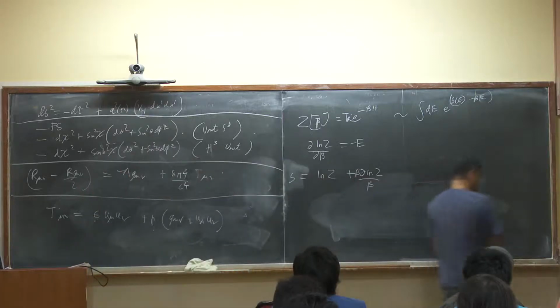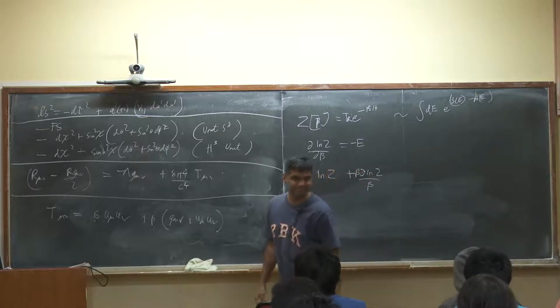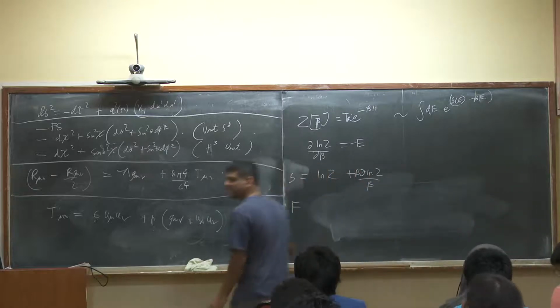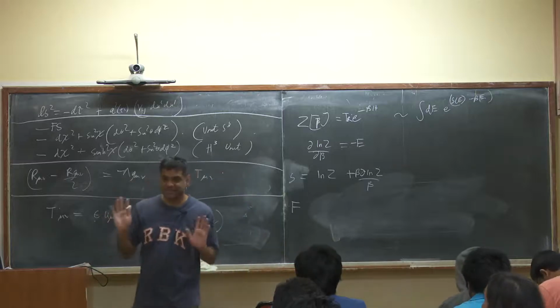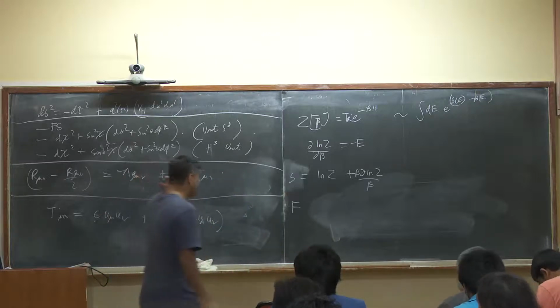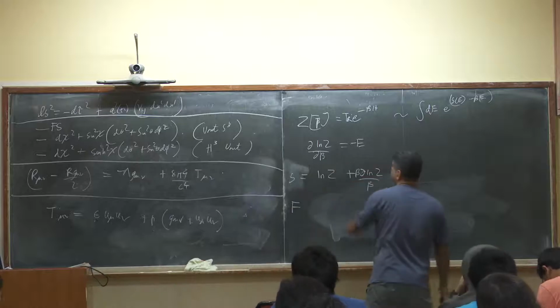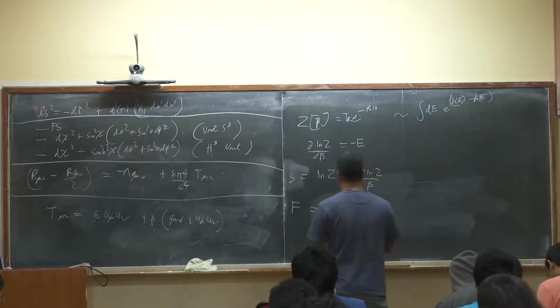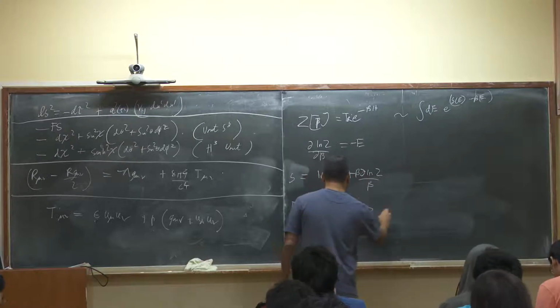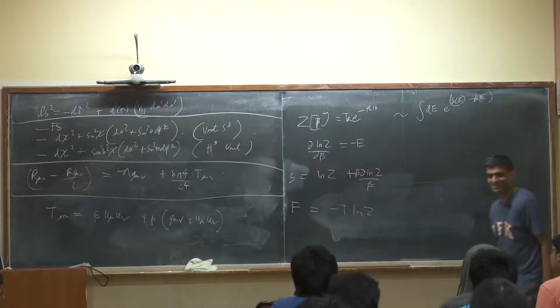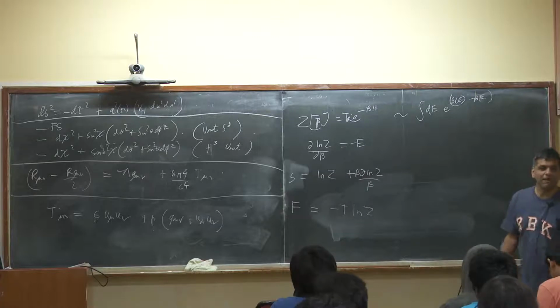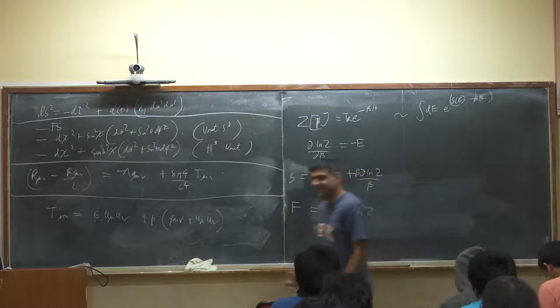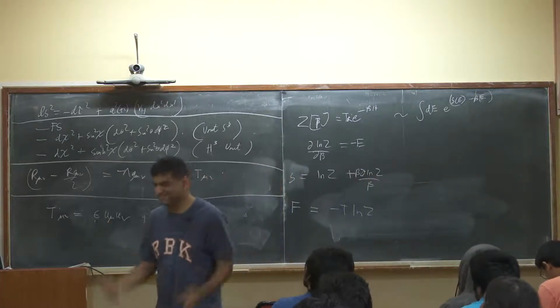Now, sometimes we are interested in this thing called the free energy. We won't need much of this, but just to make sure you understand the logical structure of what's going on. The free energy is equal to minus T log Z. And it's a wonderful fact about thermodynamics that this free energy is also minus the pressure.